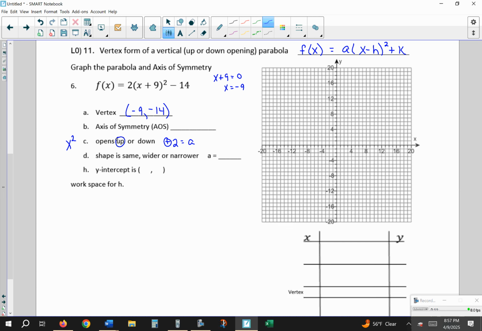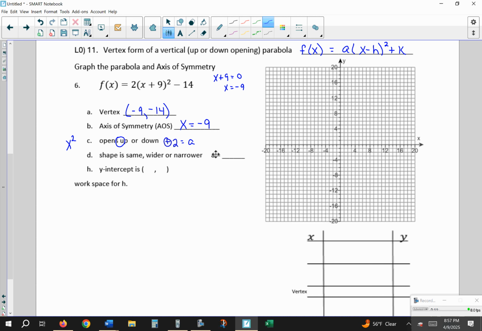Because it's an up-down parabola, my axis of symmetry is going to be that vertical line, x equal to the x value. The absolute value of 2 is 2, and that value is relative to 1. It is greater than 1.